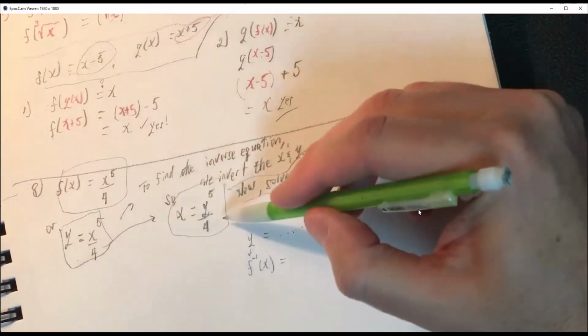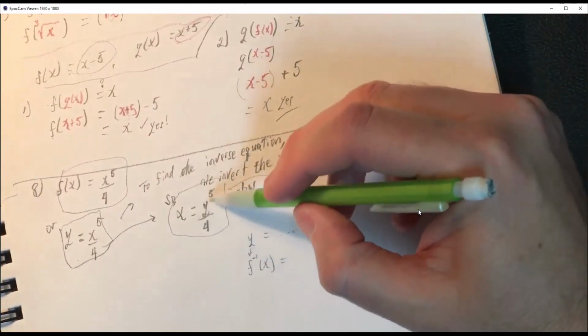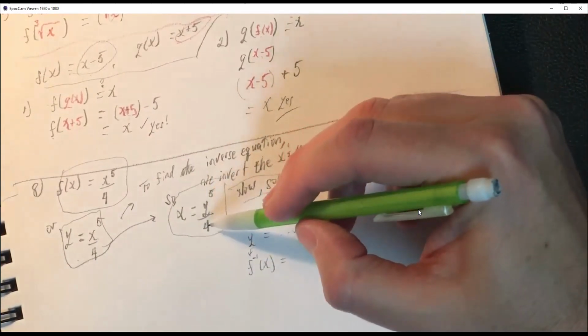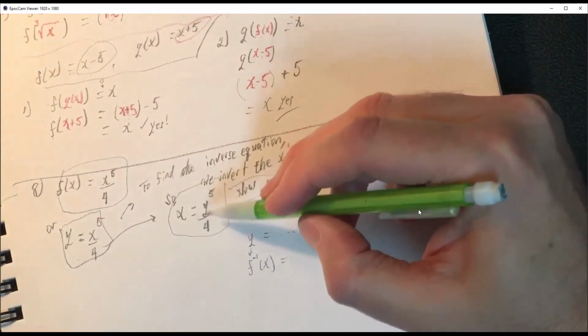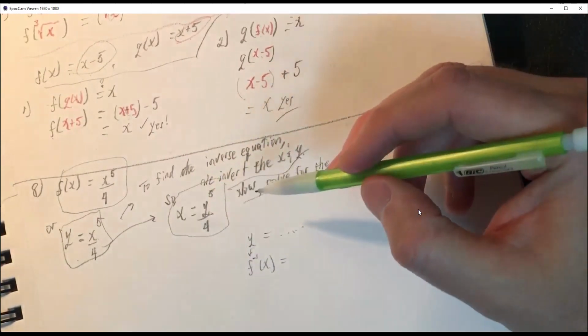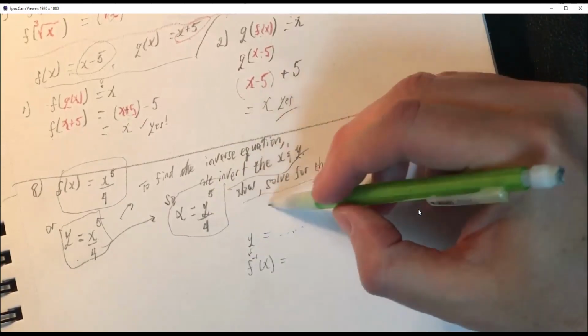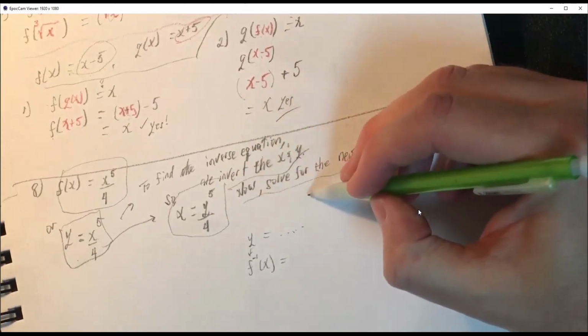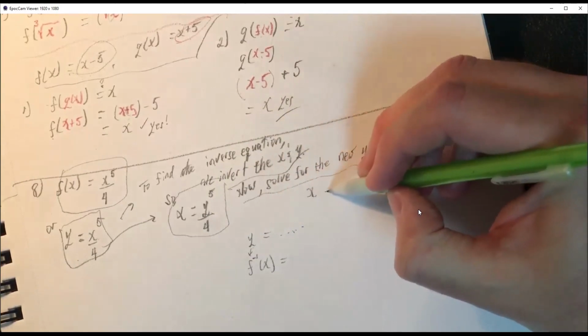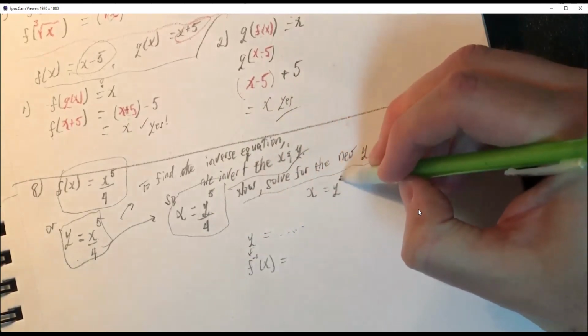Well, we use our algebraic skills. We have to get rid of the 5th root, and we have to get rid of the 5th power and the division of 4. So get rid of the division of 4 first, and to get rid of division of 4, we have to multiply both sides by 4.